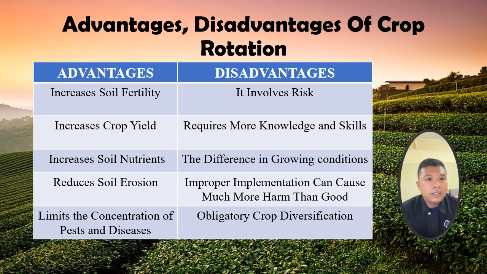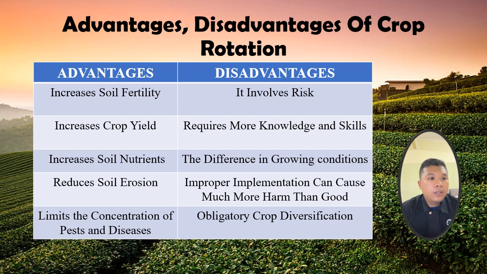For the disadvantage, it requires more knowledge and skill. Crop rotation means a variety of crops, therefore it requires a deep set of skills and knowledge regarding each type of crop harvested. It also necessitates working with different types of machinery, and operating them also requires knowledge.